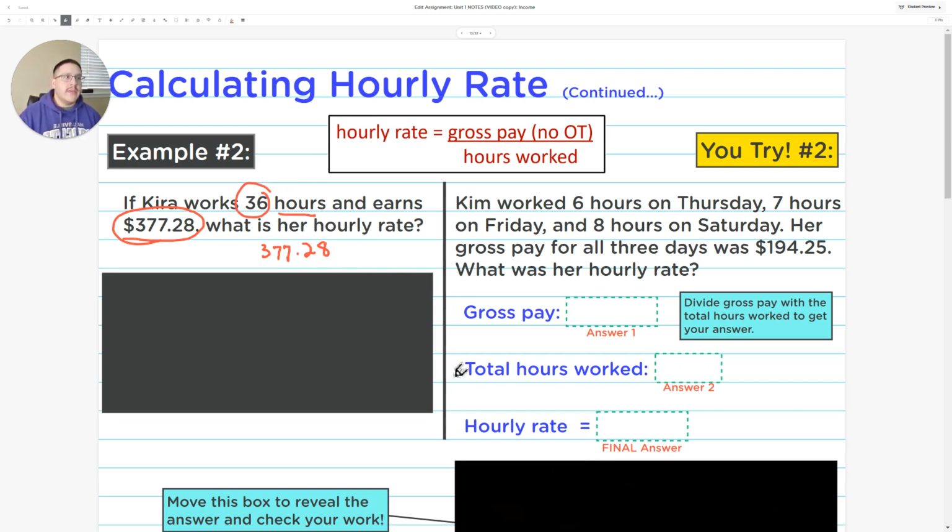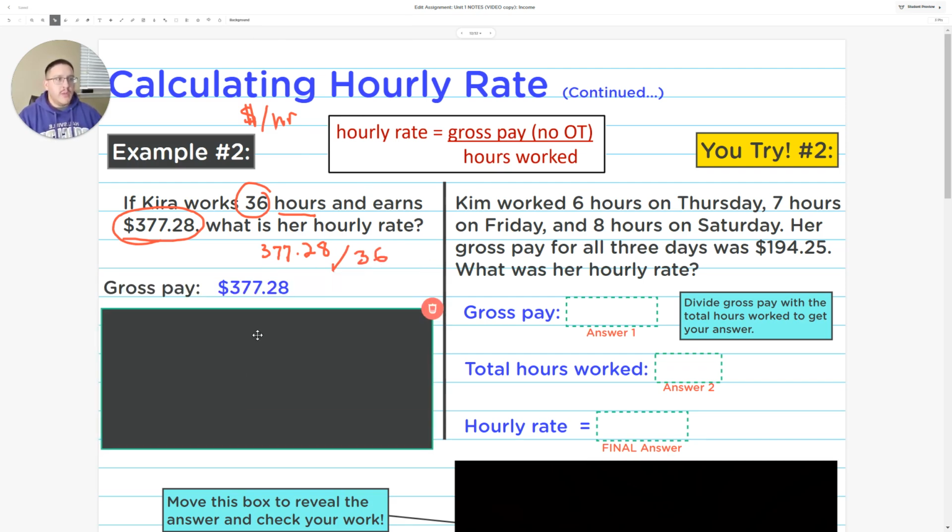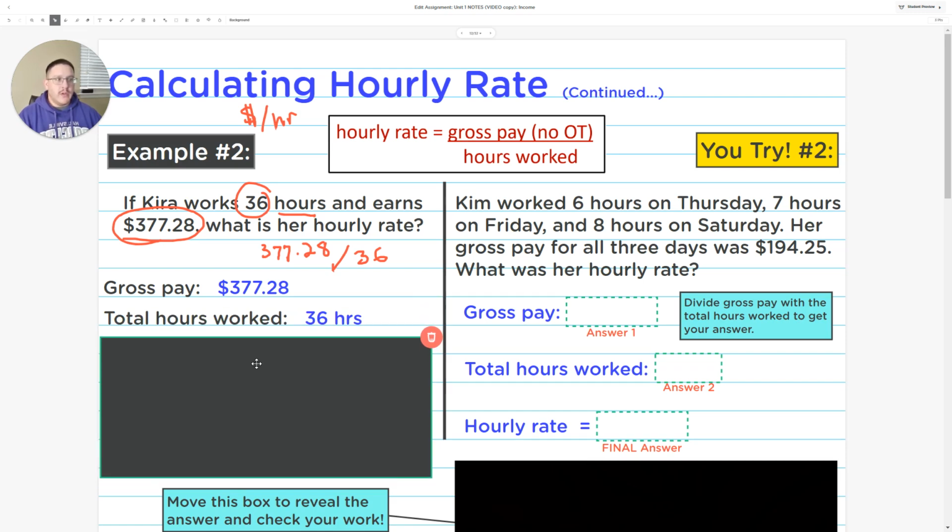Well, how can we get how much she makes per hour? Look what I just drew. Dollars per hour. We divide these two. Her hourly rate, dollars per hour. So we're going to divide this by 36. Again, we know the gross pay. We know the total amount of hours that they worked.